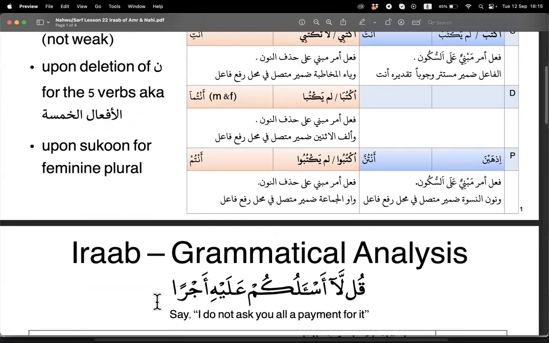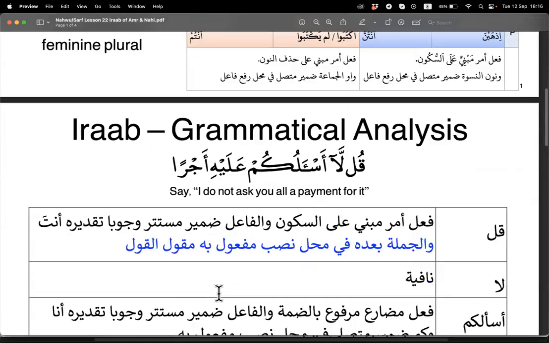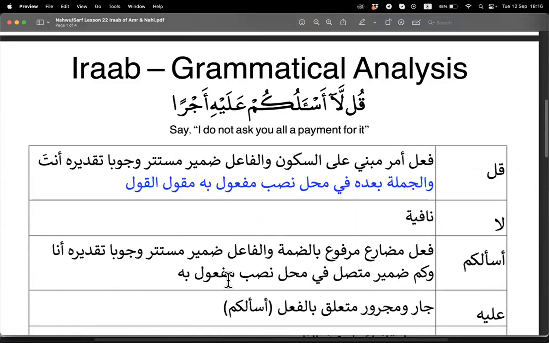Ajron, it's ism, so it's maf'ul. Maf'ul to as'alu. Yes, exactly. So say, I do not ask you all payment for it, because this is negation. Whenever you have qala, yakulu, now add kul to it.